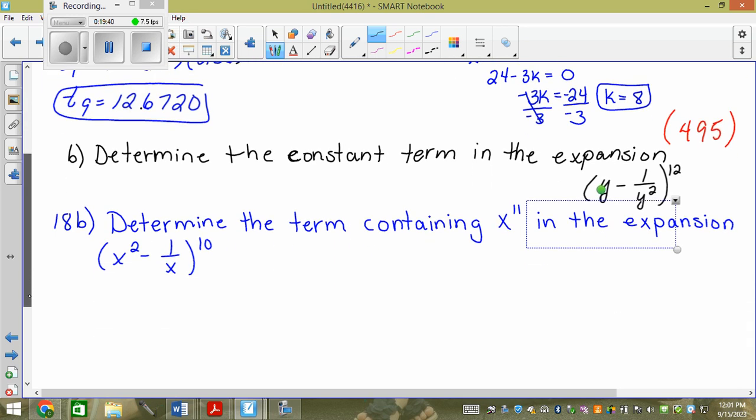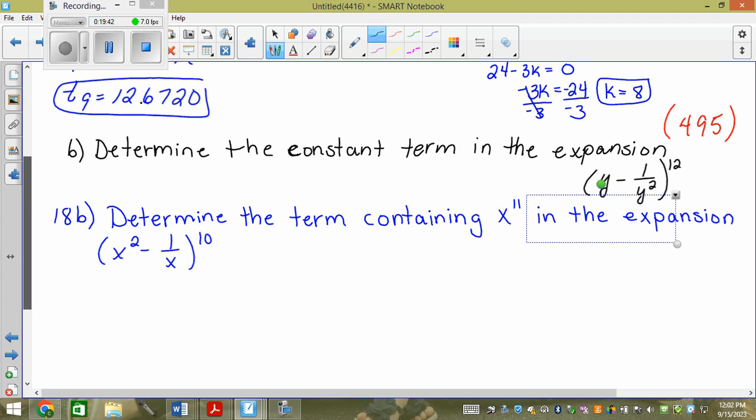And we only pull the x's out. So we start with labeling what we have. We have x squared. Our y is this, which is equal to negative 1 times x to the negative 1. And this is n, 10. So we do term t sub k plus 1, we don't know what k is, equals n, which is 10, choose k.